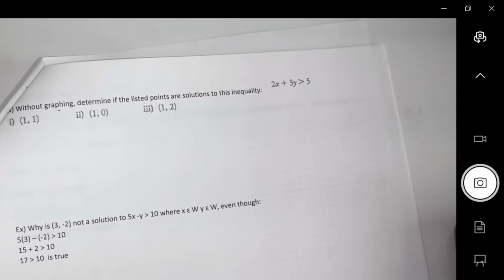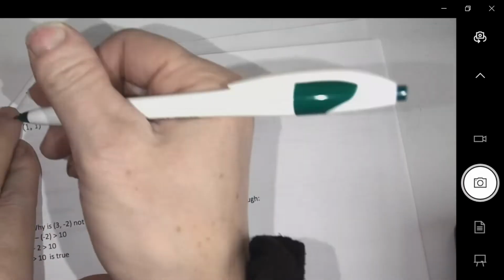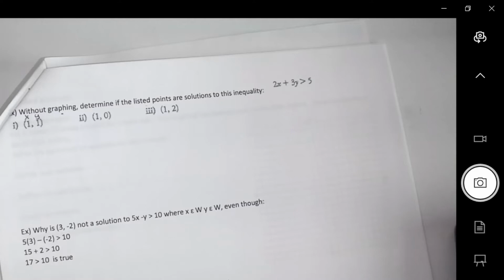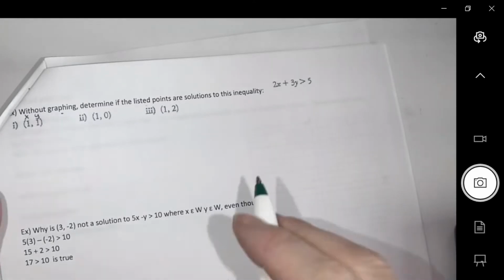Without graphing, determine if the point is a solution or not. Okay, so this is me going to plug in, and I'm going to do some algebra. So do we remember points always are x and y, right? Points are always the x and then the y. So I'm going to plug this in.